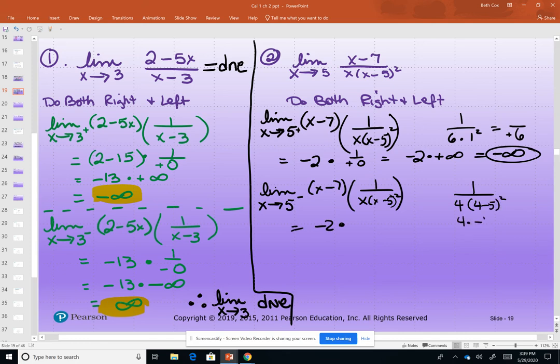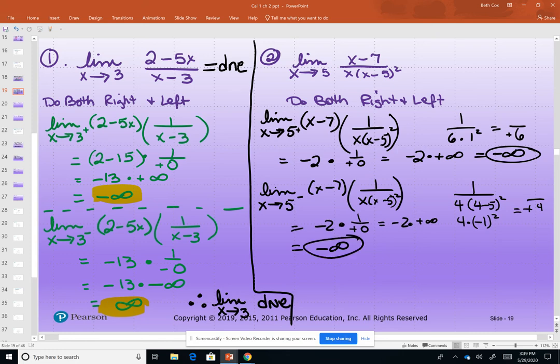That's 4 times negative 1 squared. Am I going to get a negative? Absolutely not, because there's a square there. That actually is always positive. And so this is also going to be a positive number. It's positive 4. So I'm getting a 1 over positive 0 again. So again, I'm getting negative 2 times a positive infinity, which is going to be a negative infinity.